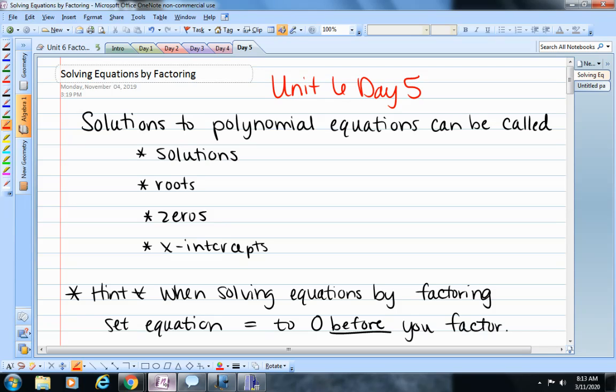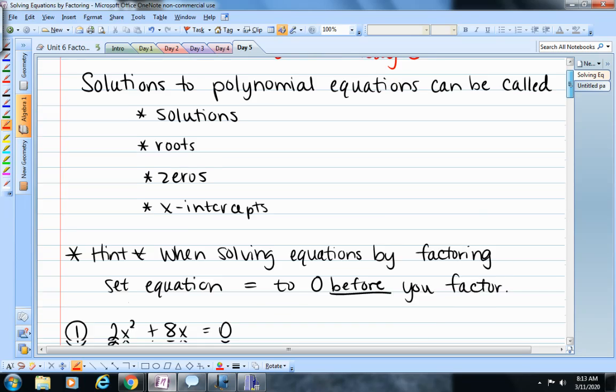Okay? Because x-intercepts, obviously, because that's where they cross the x-axis. So that is one way we can kind of check our answers too, is after we have solved it by factoring, we can pop that polynomial in the graphing calculator and see if we're indeed crossing the x-axis at those locations. Okay, so it's a good little way to check yourself if they're small numbers.